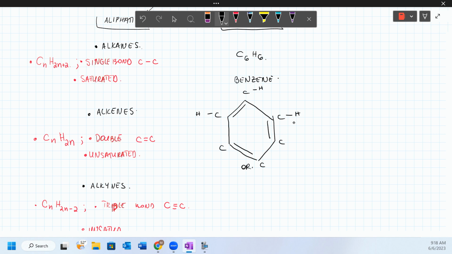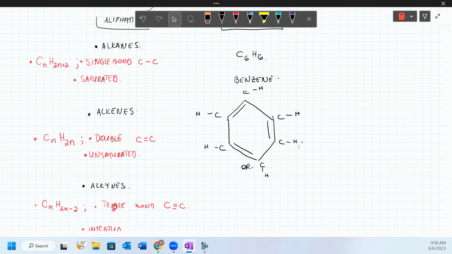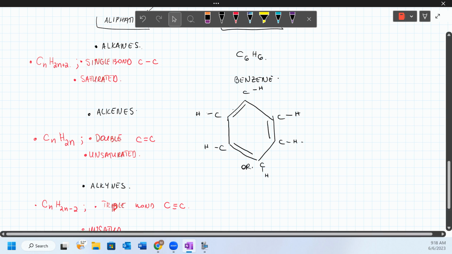Okay, because when you see it, 1, 2, 3, 4, carbon is satisfied with four bonding capacity. It has 4 bonds.